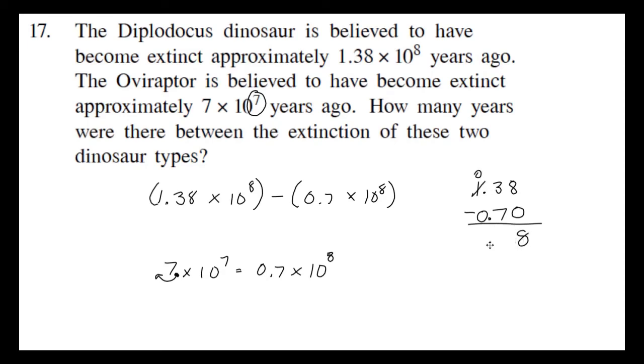So I have 0.68, and then we know we keep the power the same, times 10 to the 8th. So we need to put that in scientific notation. So this decimal has to move from here over to here. And that's getting closer to the 8 because this is a positive. So when it gets closer, I take away from the power. So that's 6.8 times 10 to the 9th.